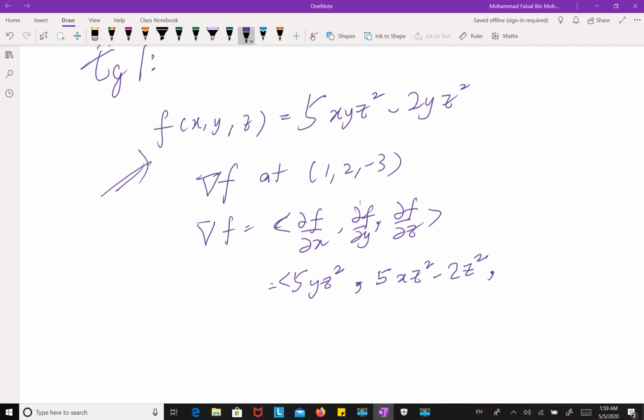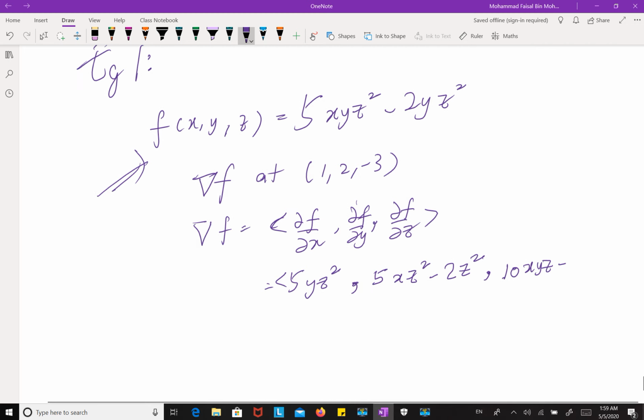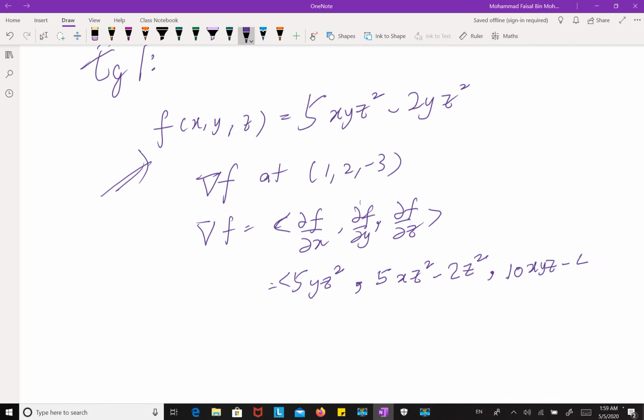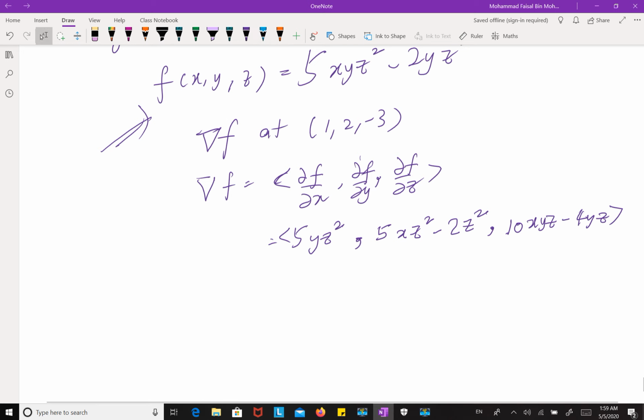And then the last one, if you differentiate with respect to z, you will get 10xyz minus 4yz. Done.